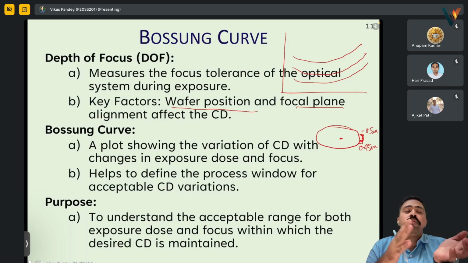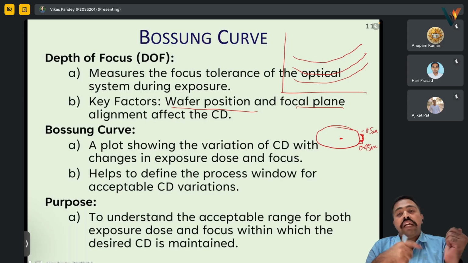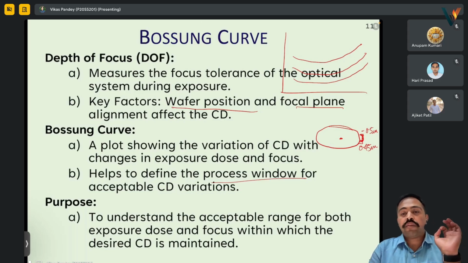That is depth of focus. So the Bossung curve shows the variation of critical dimension with change in exposure dose as well as focus, a combination of these. This helps when you are starting the process, as you will be able to define the process window for our acceptable critical dimension variation.